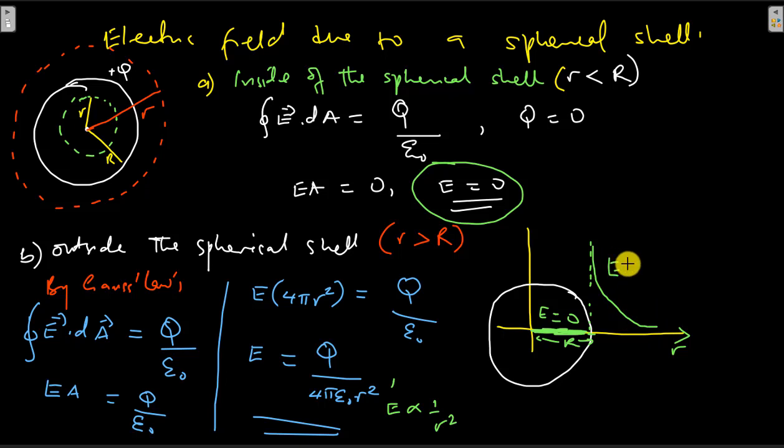The electric field is on the vertical axis and the distance from the center of the sphere is on the horizontal axis. So this is one application of Gauss's law to find the electric field inside and outside a spherical shell.